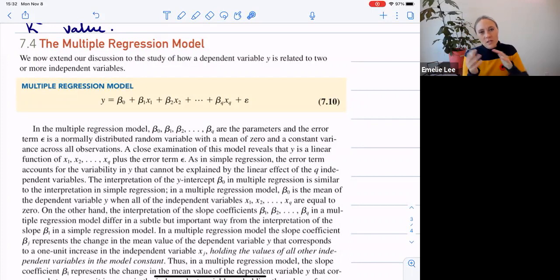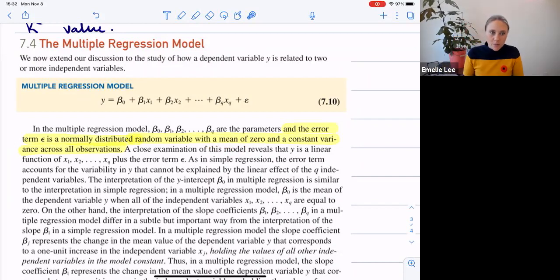And so once we have a look at all those residuals, what we're going to find is that we have this even spread around the line.